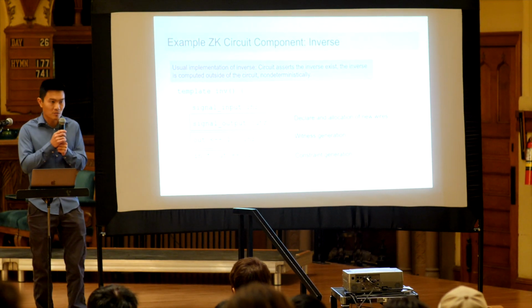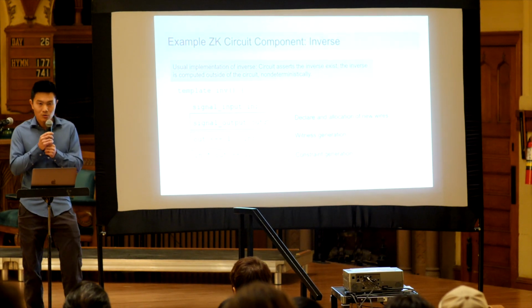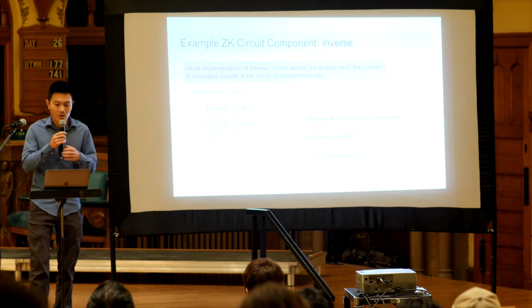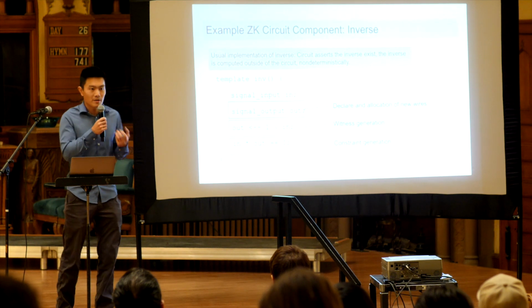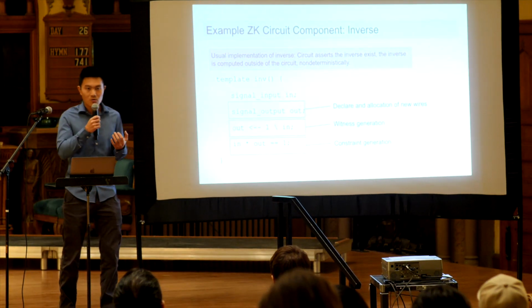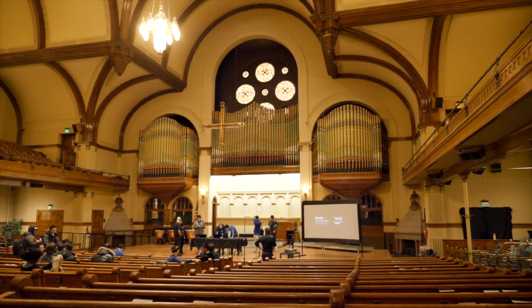I'm sure some of you here are familiar with Circom, and let me walk you through a very simple Circom component. This component is called inverse. It takes one input field element, and you try to return one circuit wire that is the inverse of the input wire.